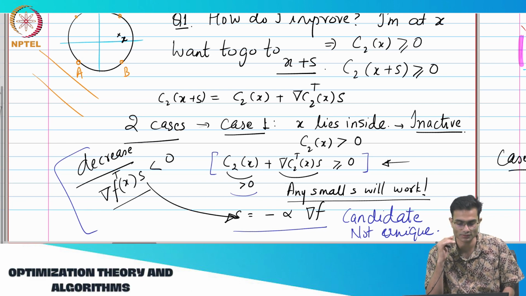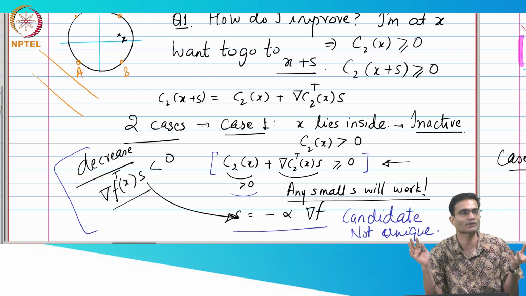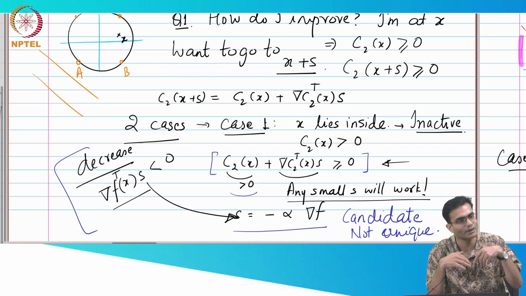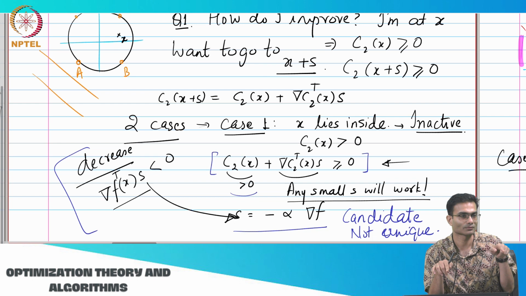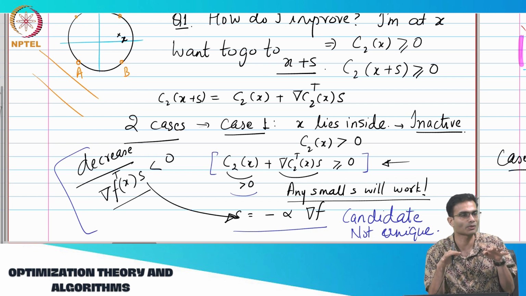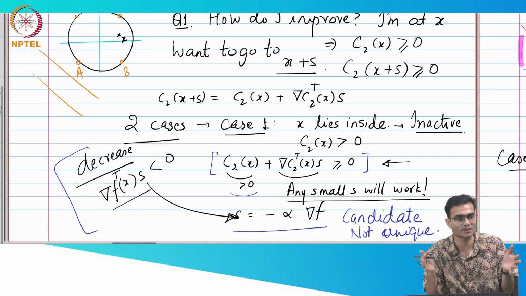C2x is strictly positive. So the second term can be actually anything as long as overall I am greater than or equal to 0. So basically what is it saying? There is no real constraint, you can be in any direction, right? So this is a constraint which is inactive. So I needn't bother about it because anything is possible. Greater than or equal to 0 needs to be satisfied.